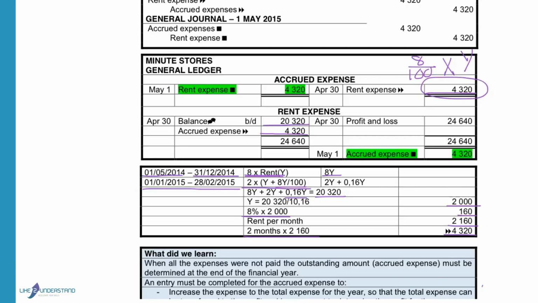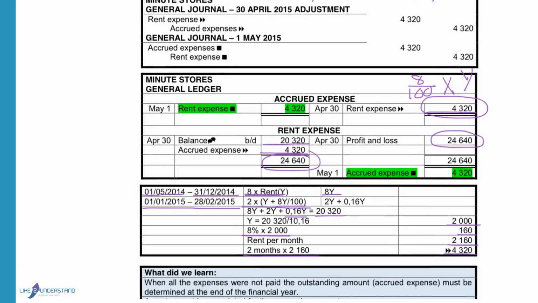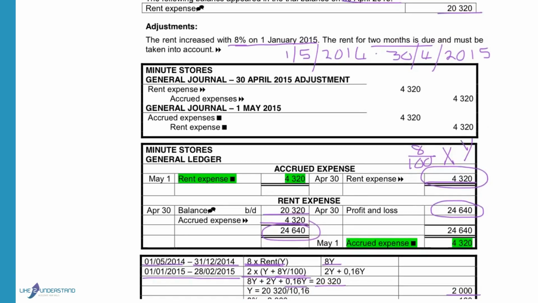Then the total amount, the 20,320 plus the 4,320, would have been 24,640 if we had paid everything. The figure that we take to our profit and loss must always equal the total amount that we have to pay for the year.